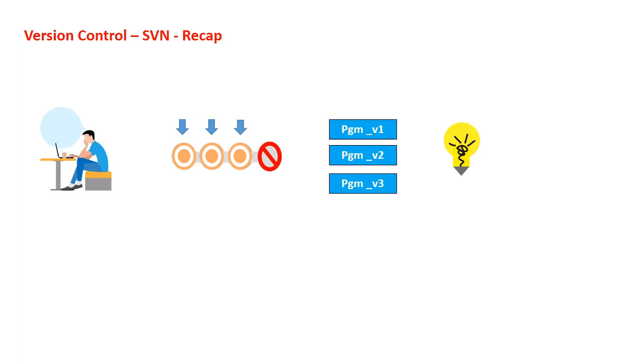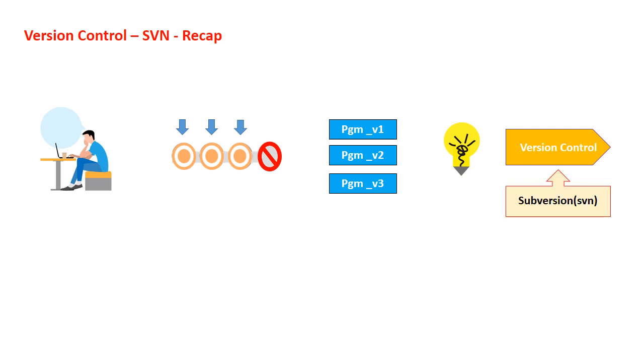To handle this, we can use version control. Version control is nothing but software to track and manage files efficiently. There are a lot of version control softwares like SVN, Git, Mercurial, Bazaar. In our curriculum, we will use Subversion, called SVN.